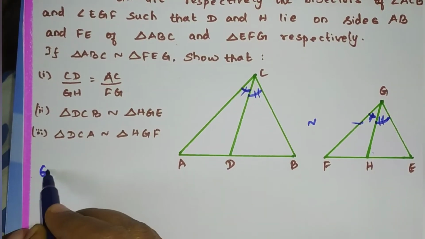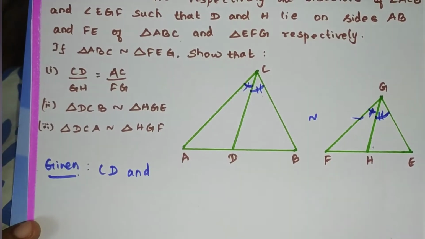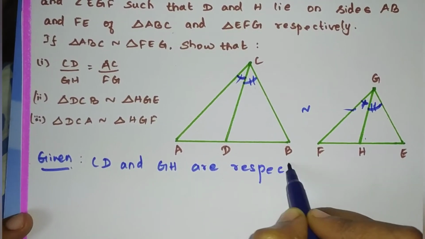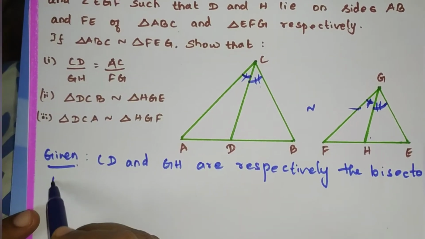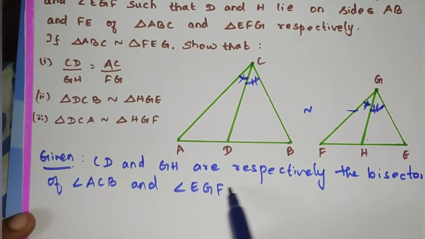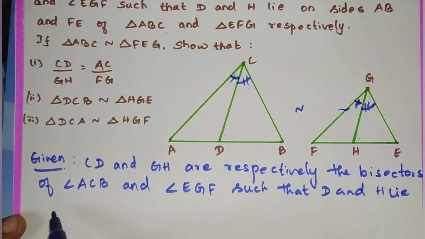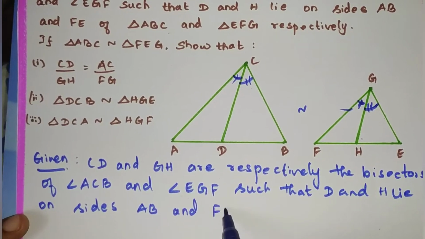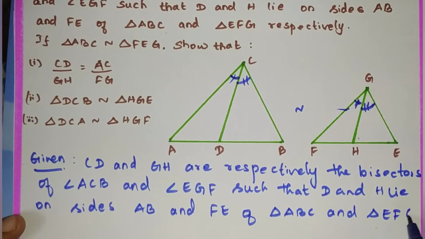So first, what you have to write in the given? CD and GH are respectively the bisectors of angle ACB and angle EGF, such that D and H lie on sides AB and FE of triangle ABC and triangle EFG.